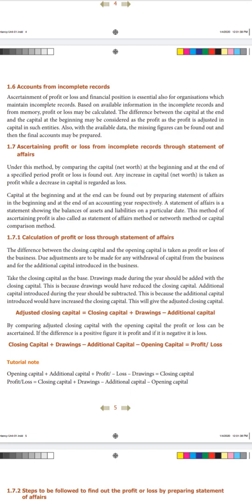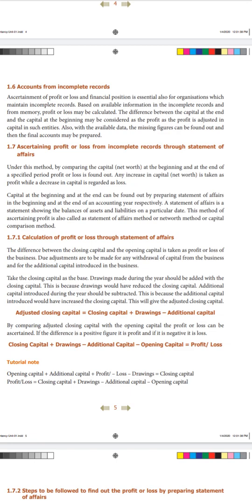As I said, the statement of affairs shows the balances of assets and liabilities on a particular date. This method of ascertaining profit is also called the statement of affairs method, net worth method, or capital comparison method.